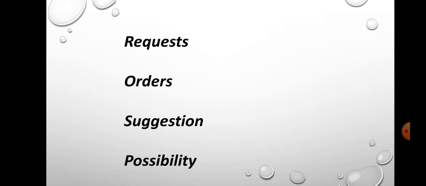Or another example, all that was reported could be false. So in this way, there are various ways to express different concepts and notions with the help of different verbs, different modal auxiliaries. Then we use different noun forms, corresponding nouns, adjectives, adverbs, etc. So that's all for today. Thank you, students.